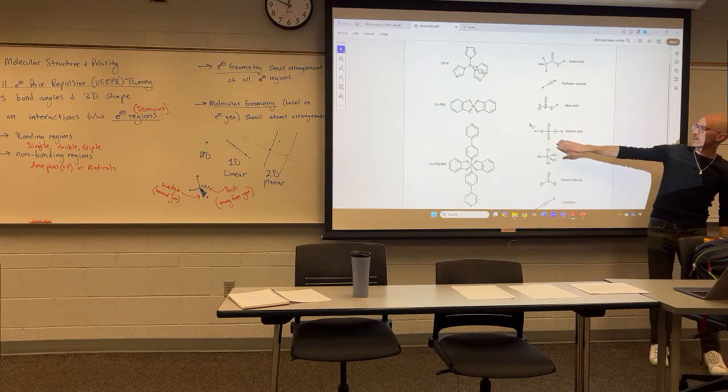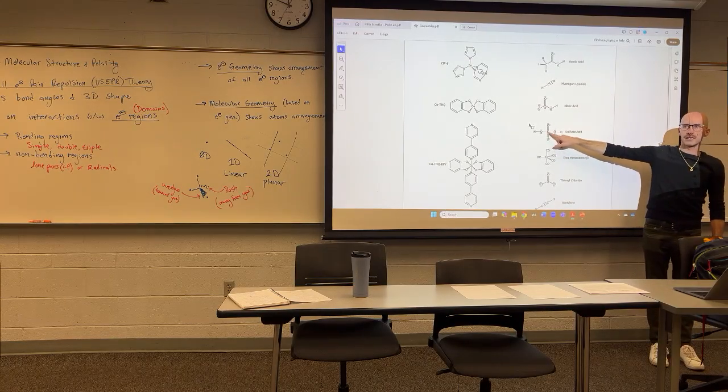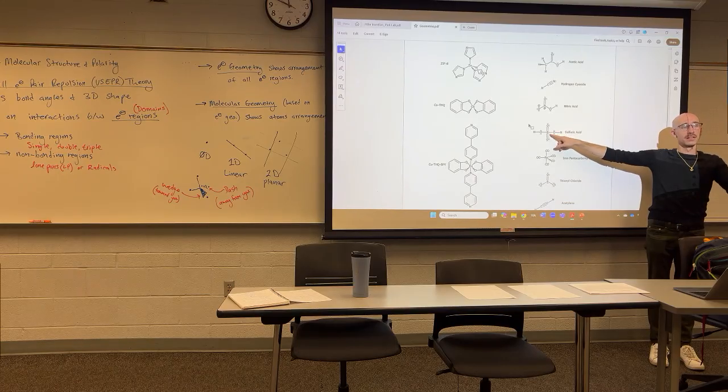Why don't we look at the sulfur in sulfuric acid. What is its electron geometry? How many regions around it? Just 4. Tetrahedral electron geometry. How many of those regions are non-bonding lone pairs?